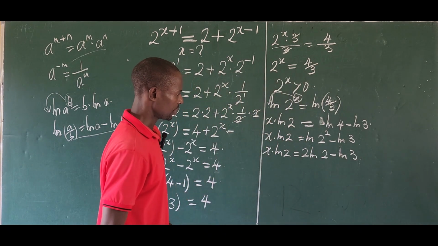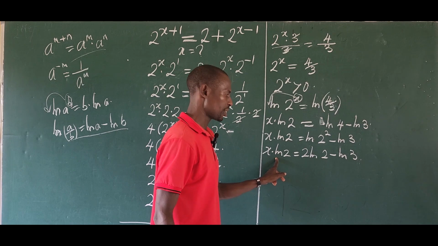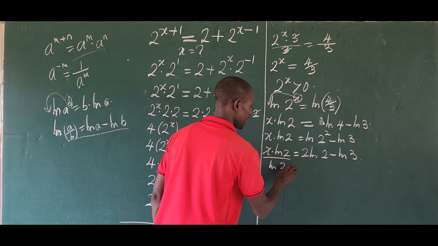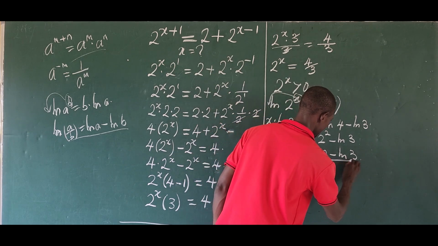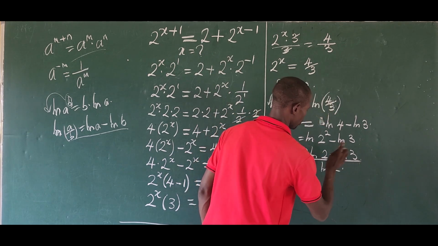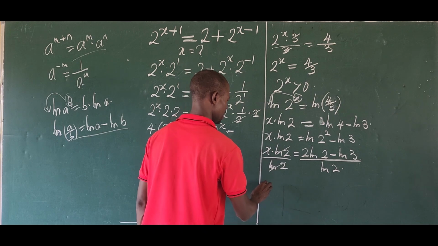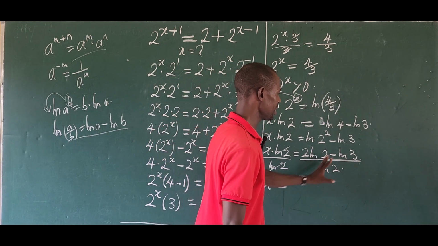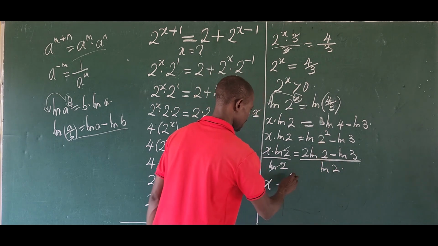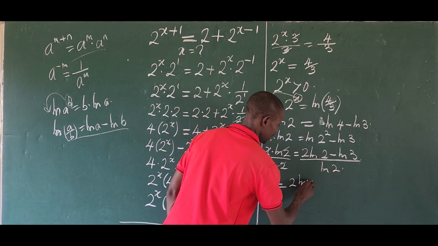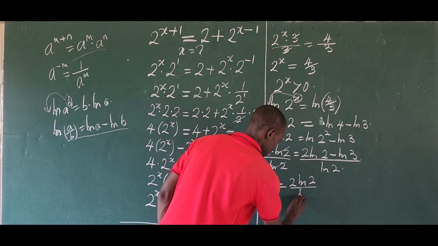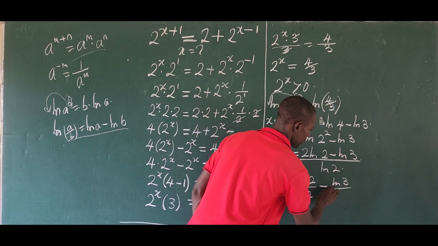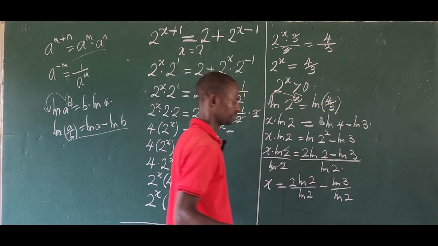All right. Now we are looking for x, so we divide everything here by the ln of 2. We now have x equal to, we can rewrite this expression, 2 times the ln of 2 all over the ln of 2, minus ln of 3 all over the ln of 2.